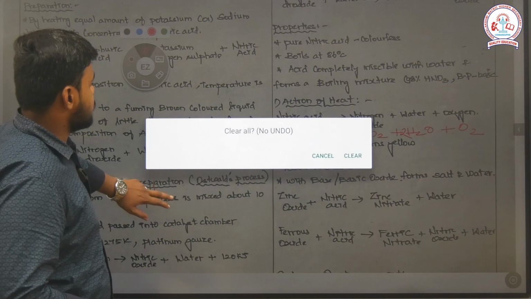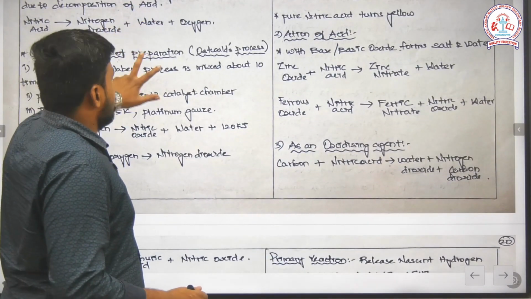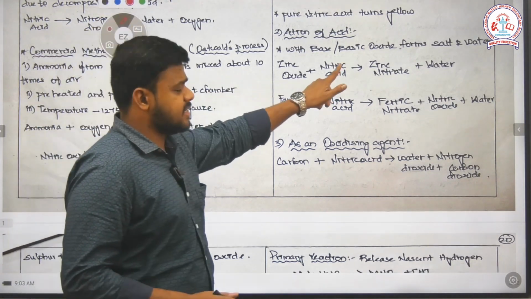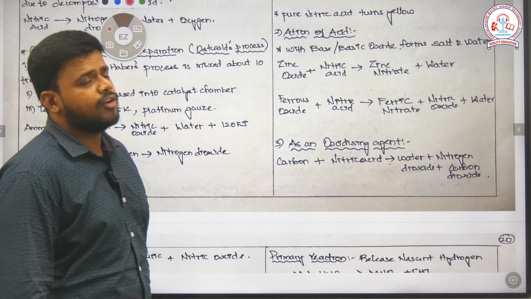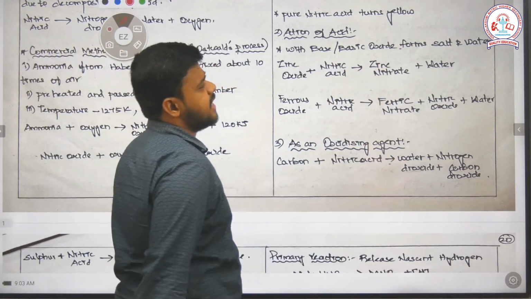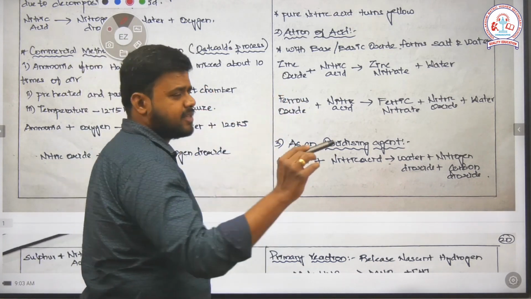The next one, reaction with a base. See, this action of this nitric acid with the oxides of the metal forms a salt. Say for example, with the base or basic oxide, it forms a salt and water. So basic oxide, all the metal oxides are bases.